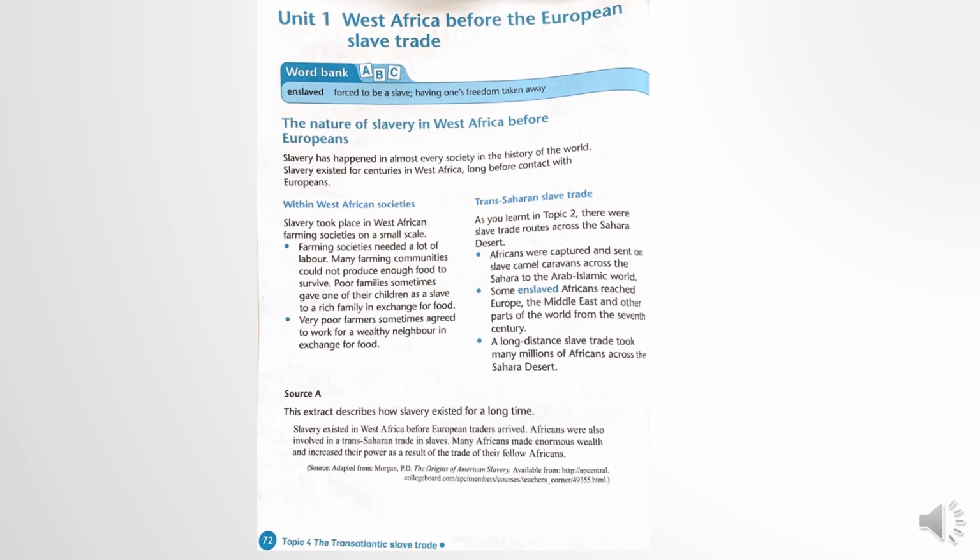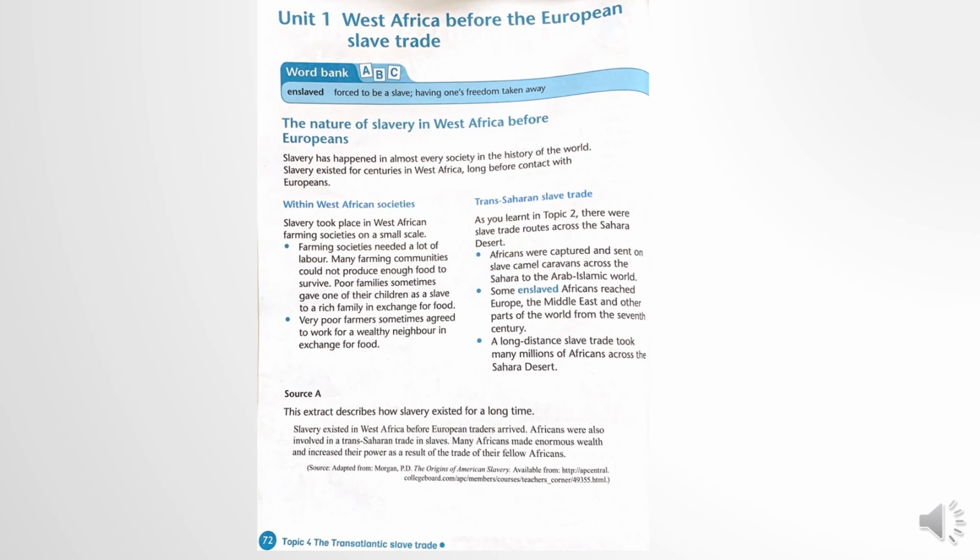Farming societies needed a lot of labor, and many farming communities could not produce enough food to survive. Poor families sometimes gave one of their children as a slave to a rich family in exchange for food. Very poor farmers sometimes agreed to work for a wealthy neighbor in exchange for food and housing, etc.